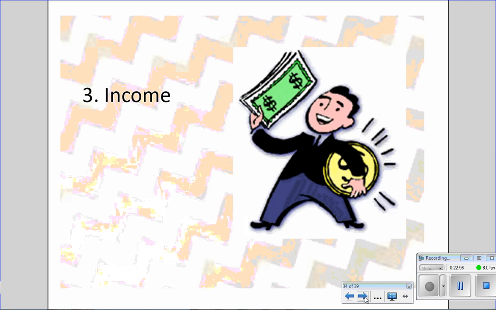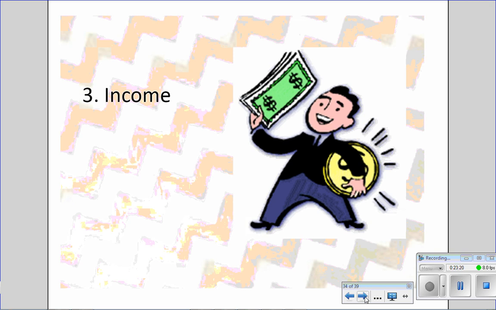And also income. That is a big predicting factor. The more money you make, the more likely you are to vote. And I do want to say, of course, this doesn't apply to everybody. There are a lot of people who maybe didn't graduate high school who are very active in politics, advocate voting, and vote all the time.